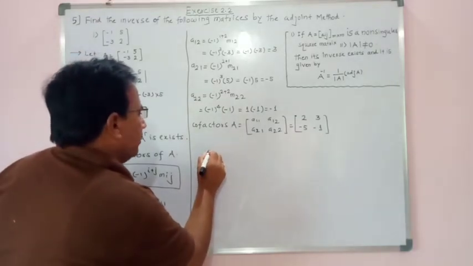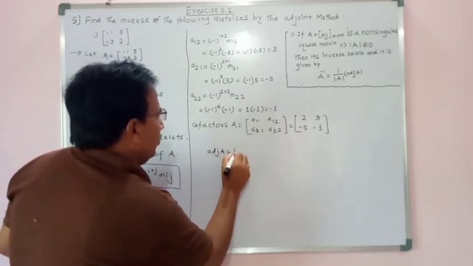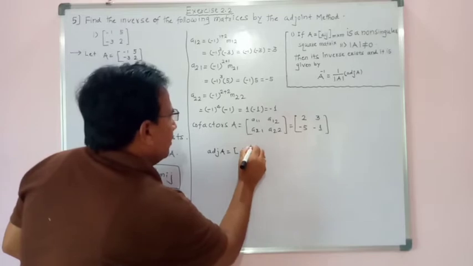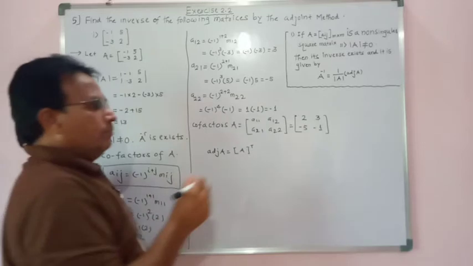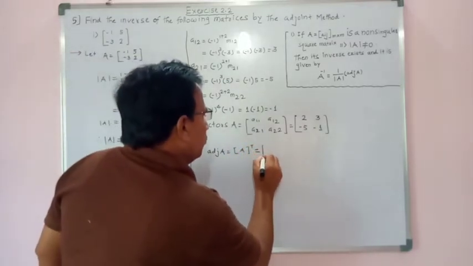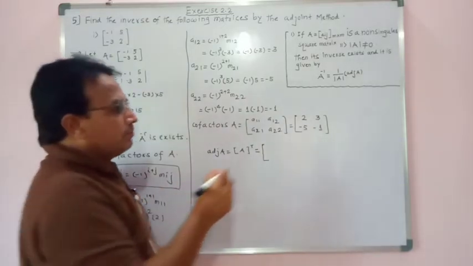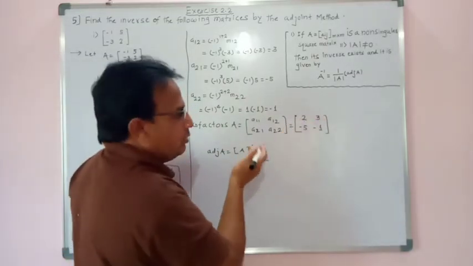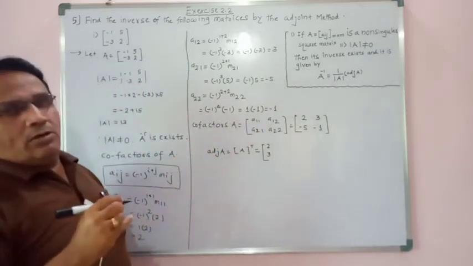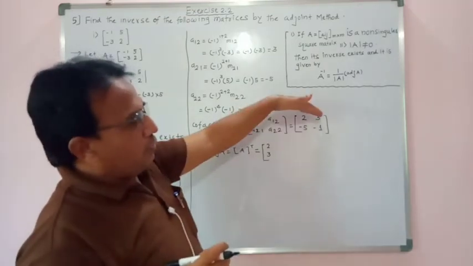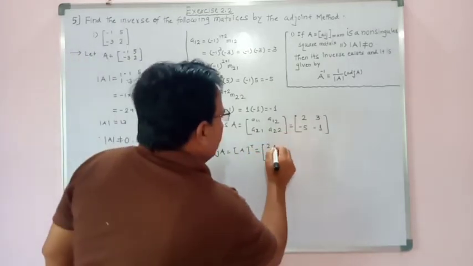Therefore adjoint A equal to the transpose of this matrix. What is the transpose? Interchange row and column. First row we arrange in first column, second row we arrange in second column.